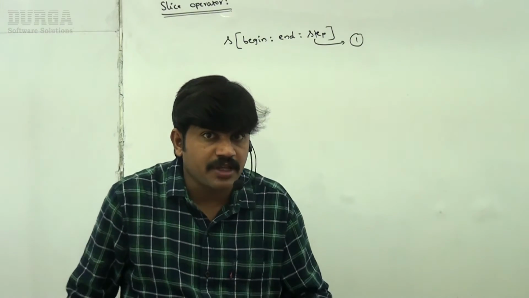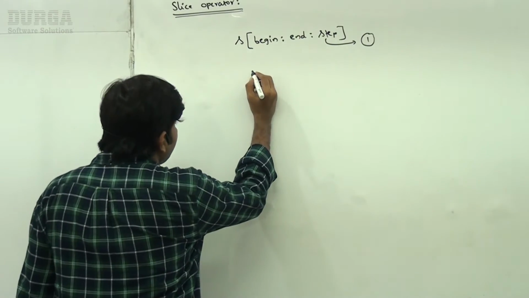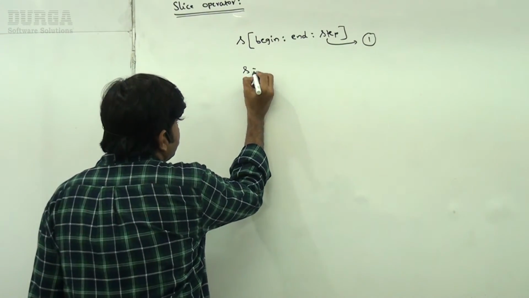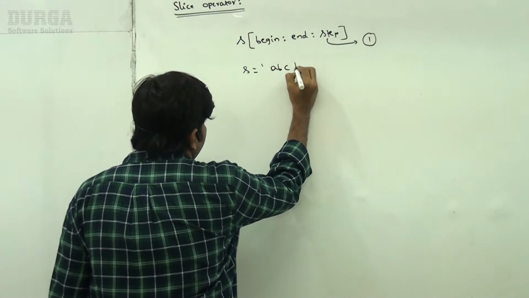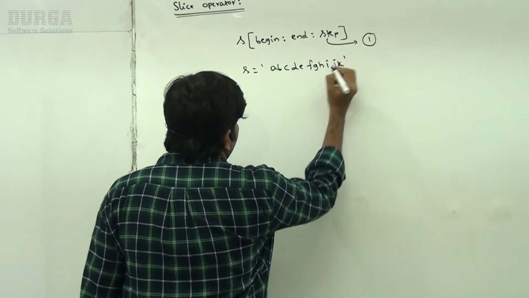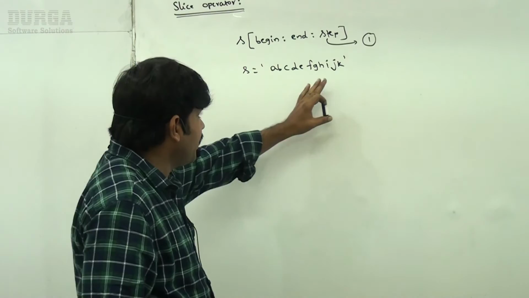What does it mean? Can you explain with an example, you may ask? Very simple. Let me take s is equal to my string: a b c d e f g h i j k. Only that I am taking. So this is my string a b c d e f g h i j k.